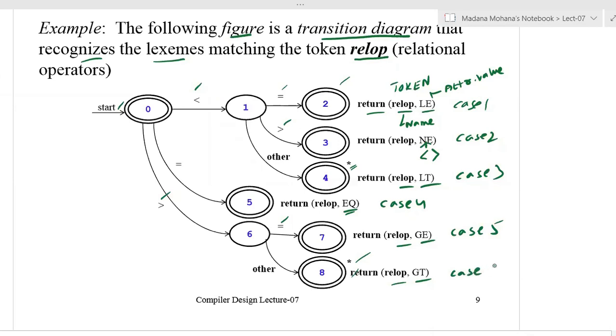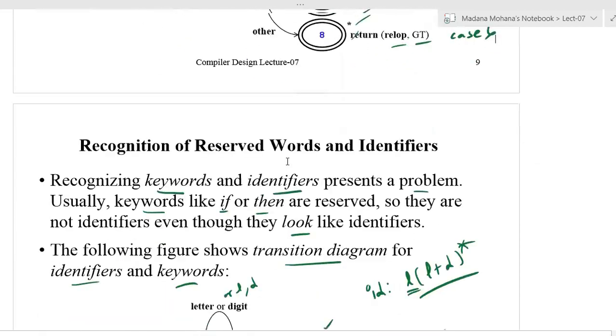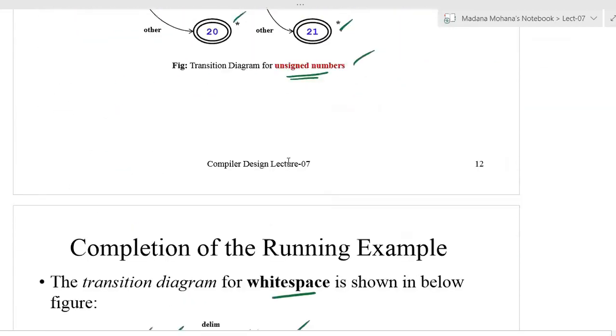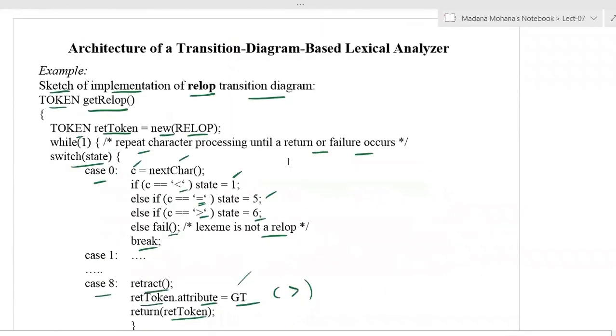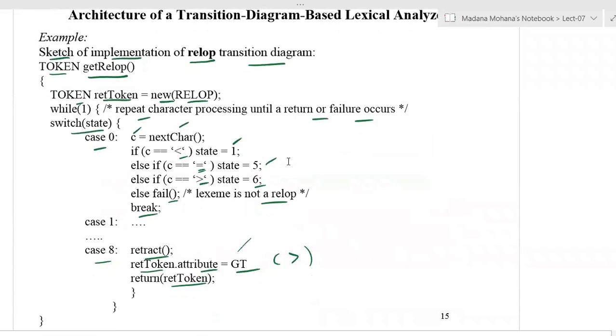Then greater than, case 6, and so on. Like that, all possibilities need to be included in the switch case. So this is one example sketch, that is skeletal code, of the implementation of the relational operator transition diagram. For keywords and unsigned numbers, the code looks in a similar fashion, but you use their corresponding regular definitions.